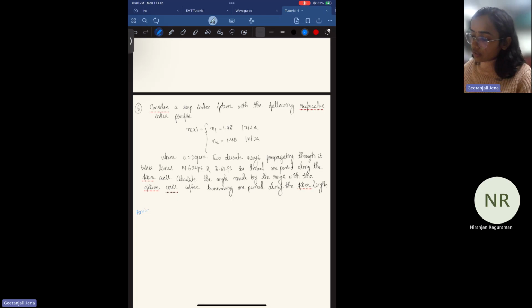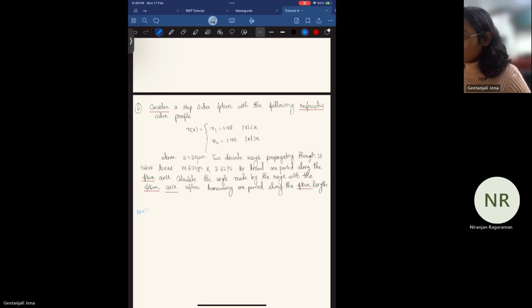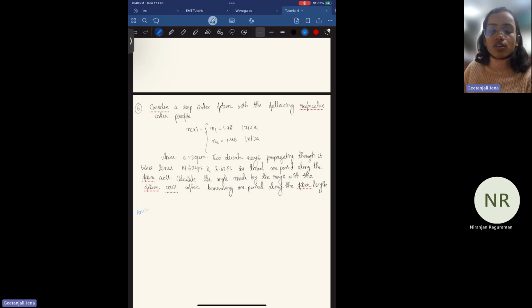Please go through the question once. It's based on the ray transit time. So what is the time required for one period along the fiber axis, or what is the time required for one-fourth of the period?